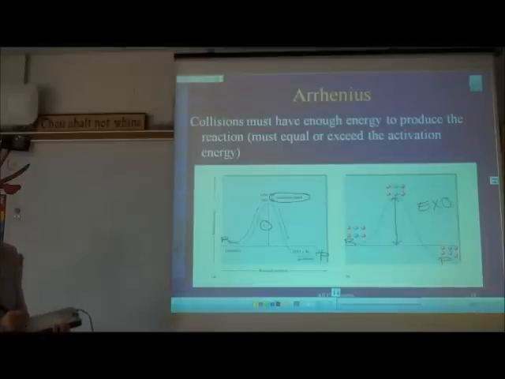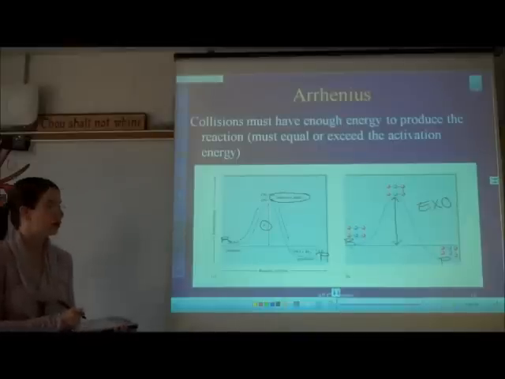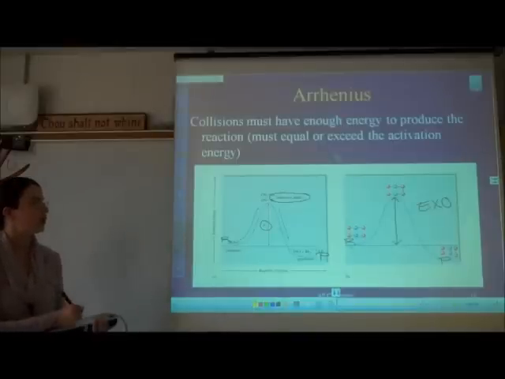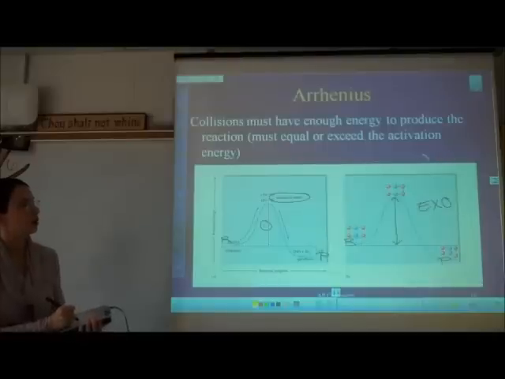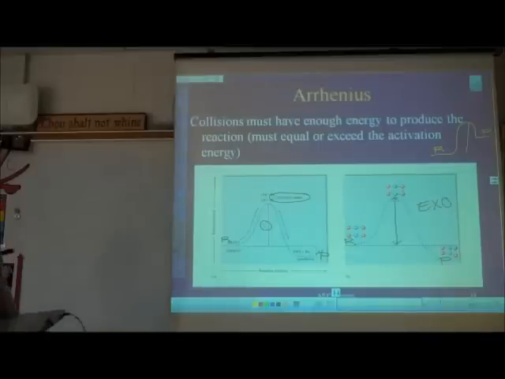I know that because the energy of my products is below the energy of my reactants. Remember, an endothermic curve looks something like that. Reactants, products. This would be the activation energy from where the reactants are to the top of the hill. Okay? So you just need to know how to read these graphs, what's being represented where. Okay?